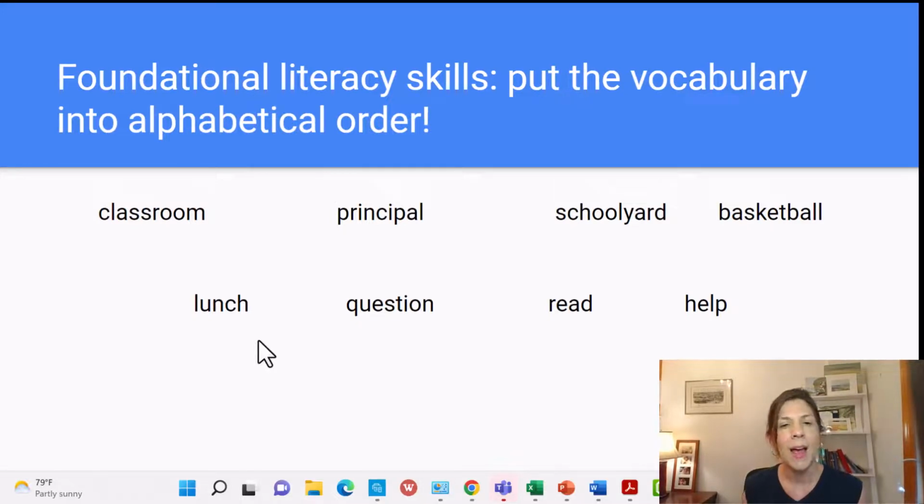I want them to become very, very strong at alphabetizing words, because we know that alphabetic knowledge, including the sequence of alphabet letters, is a major predictor of fluent reading. Okay, so that's where we're going to stop this week.